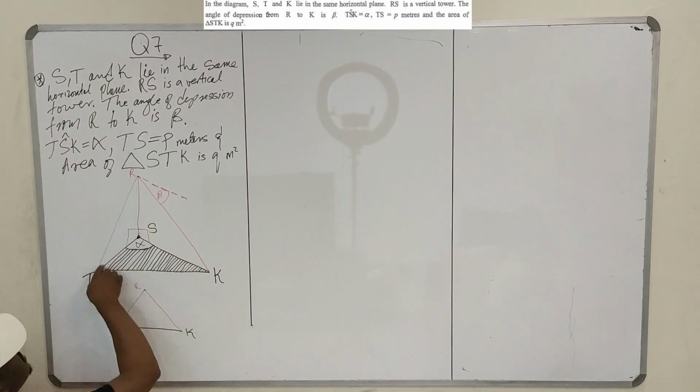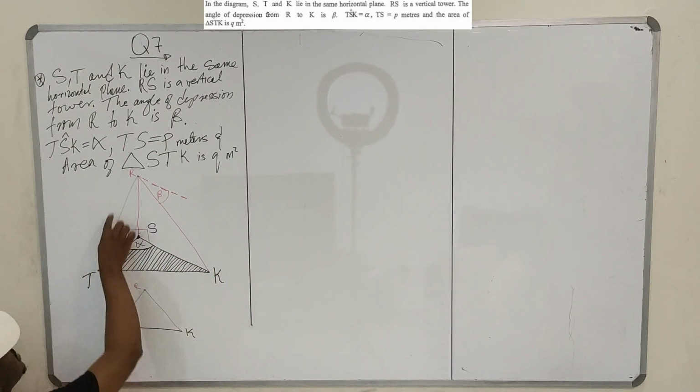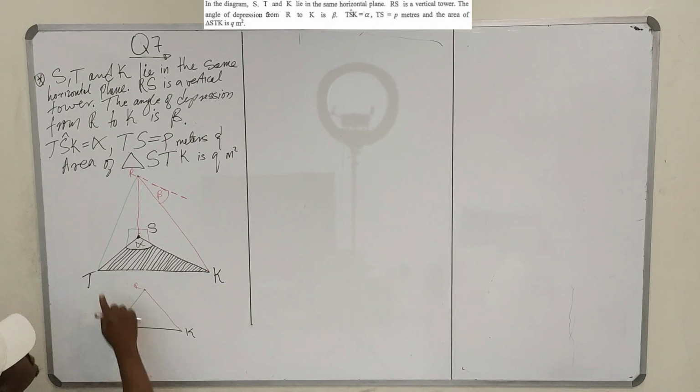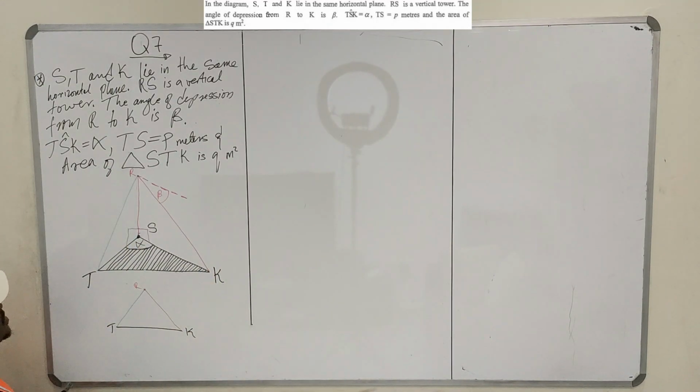So this is the face that you can see here. It's this front face that you can see. I've drawn it here, right? So it's RTK. This is the front of this pyramid that you can see.